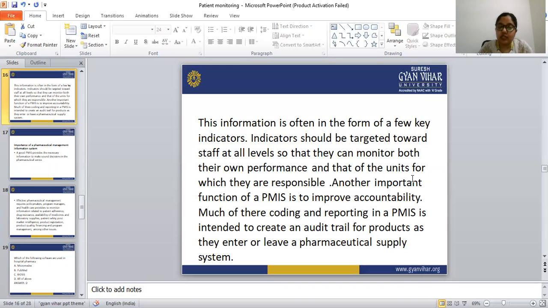When it is prescribed and dispensed, it is also possible to print the prescription labels and instructions as to how medication is to be taken. So the use of the computer in the pharmacy is again one wonderful thing. They can give the instruction to the patient on how medication is to be taken in printed form.